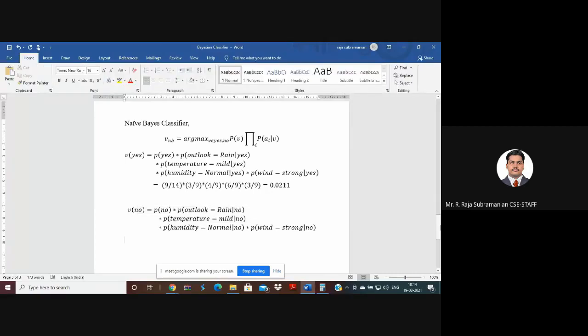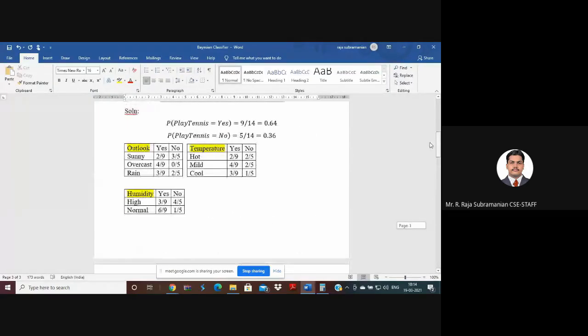So let me go and assign the probabilities. P of no is 5 by 14, and rain given no will be 2 by 5. Mild given no will again be 2 by 5. Humidity normal given no is 1 by 5. Wind strong is 3 by 5.